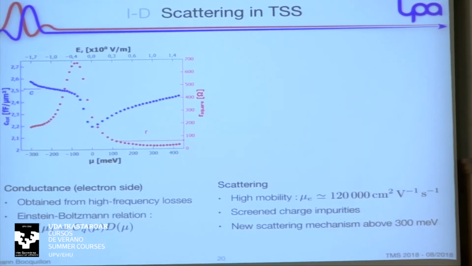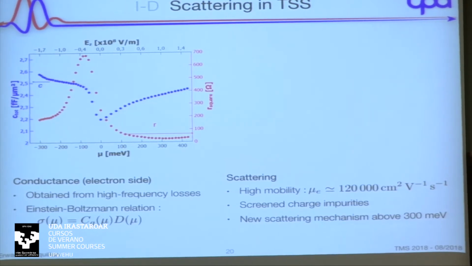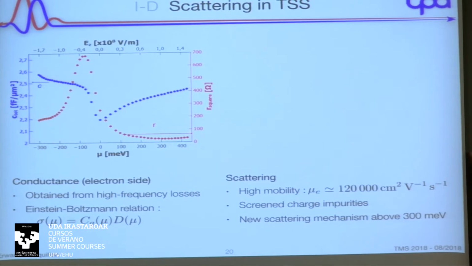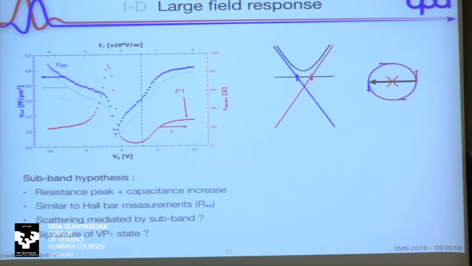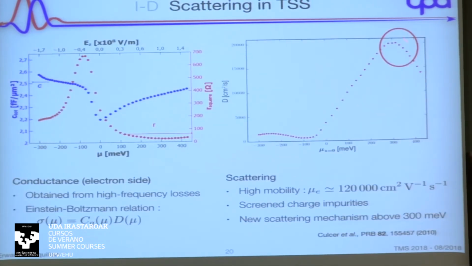So here I've just tried to show you that up to 300 meV, which is a large energy scale, there's no sign whatsoever of any other states than the topological surface states. But as you try to increase the density even more, you see that there's a decrease in the diffusion constant, which is a signature of a new scattering mechanism.